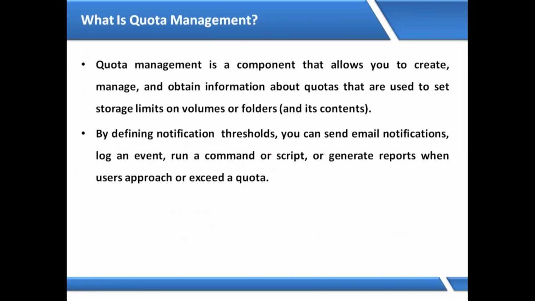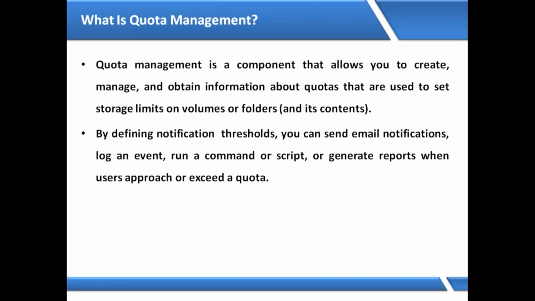If a particular user is wasting space, we can allocate a limited space to that user. That is done with the first component. For example, in our case, the size is 10.7. Out of that, I'll allocate 300 or 500 MB to the U1 user who is wasting the space. This is done with the help of quota management.